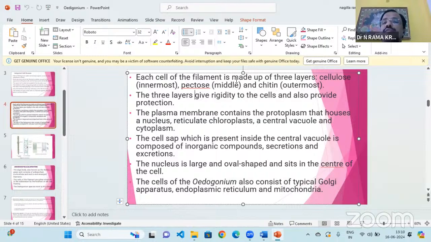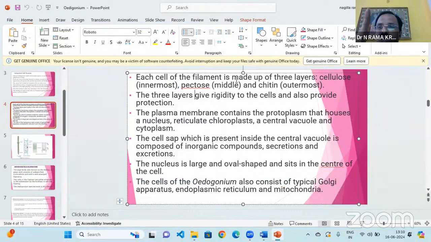The innermost is the cellulosic layer. The middle layer is pectic, and the next one is chitin, in the outermost layer. These three layers give rigidity to the cells and also provide excellent protection.